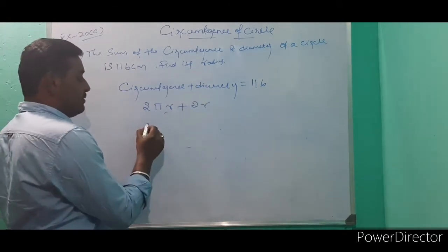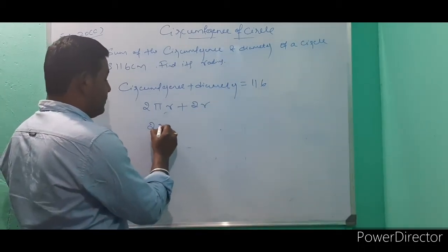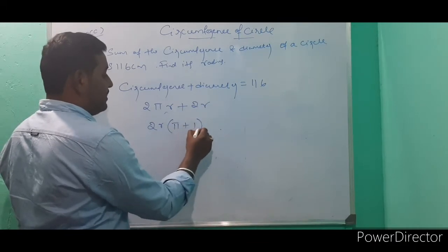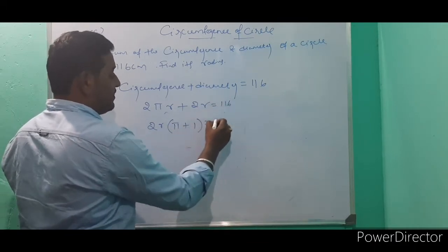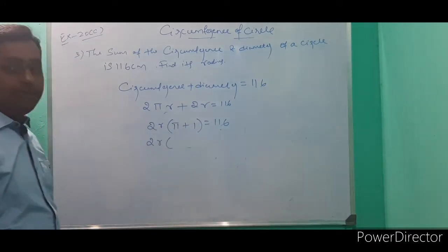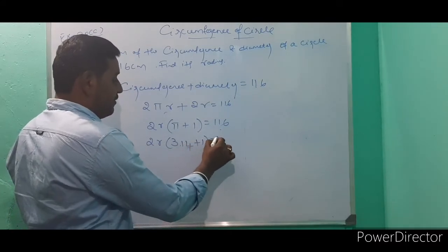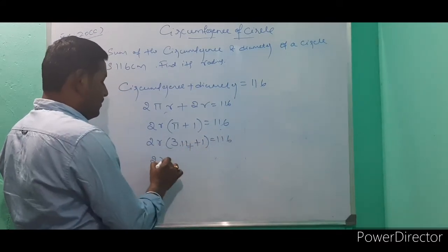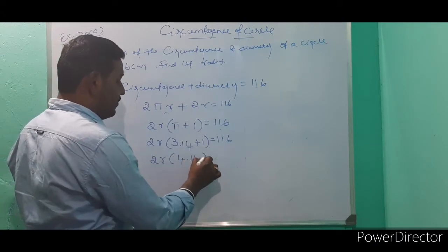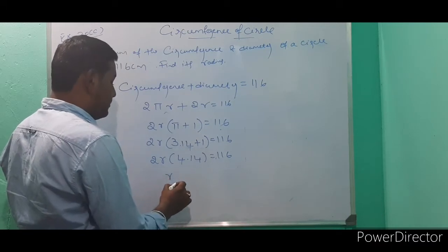You can take 2r common outside. 116 you can keep as it is. 2r is equal to, pi value 3.14 plus 1, so 4.14, equals 116.